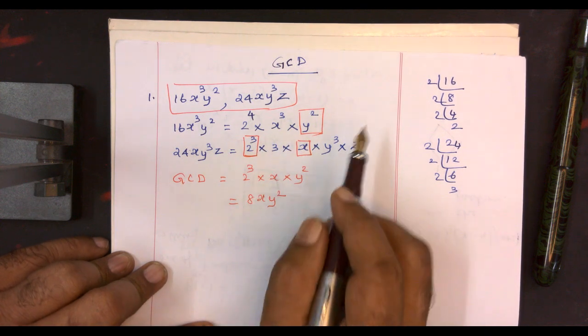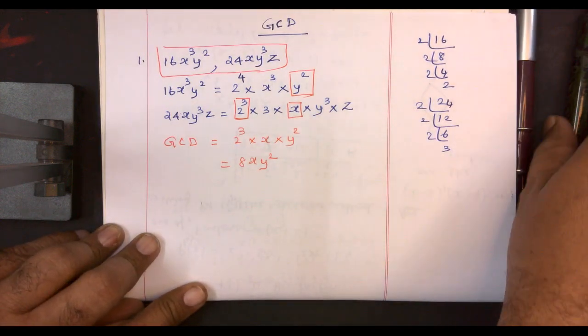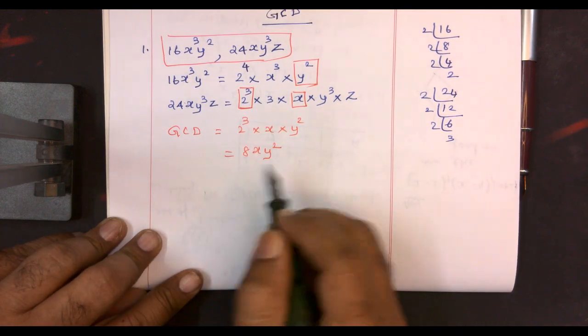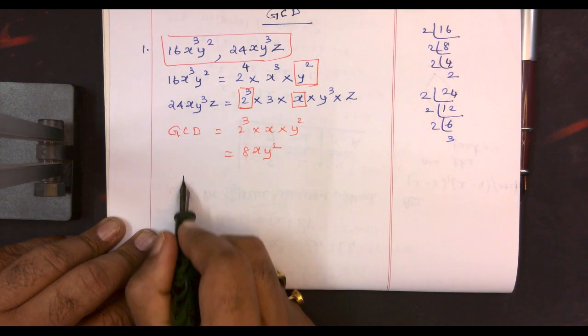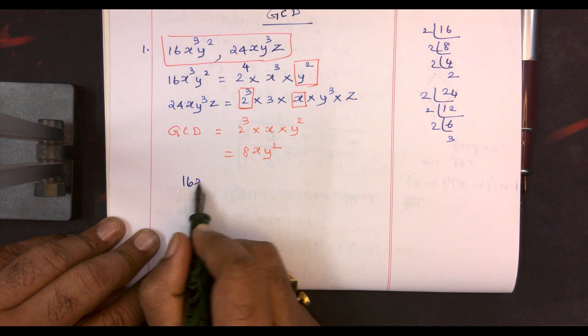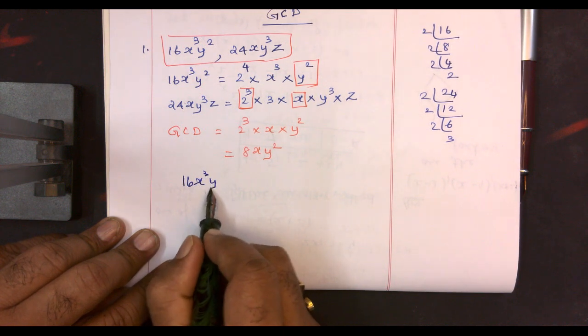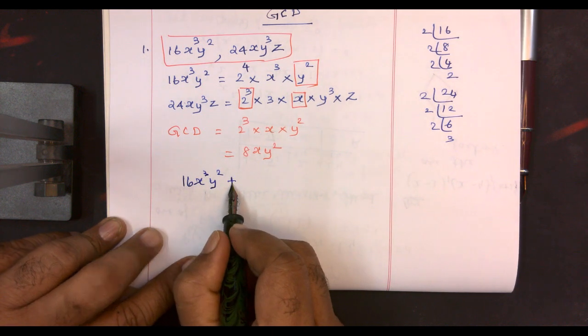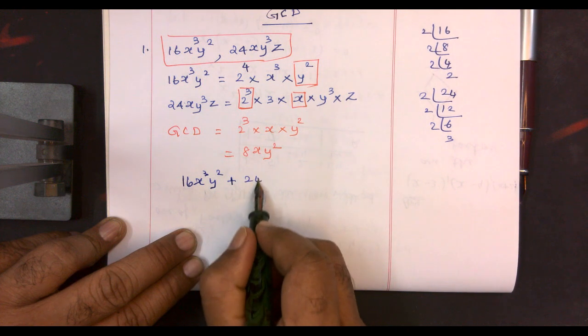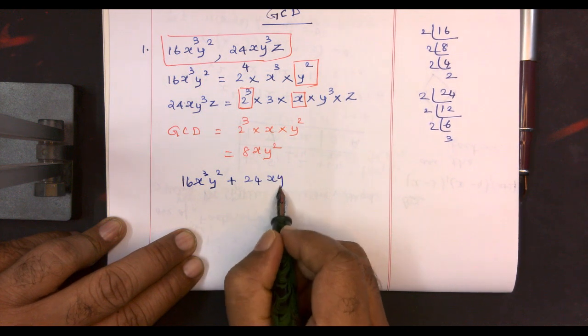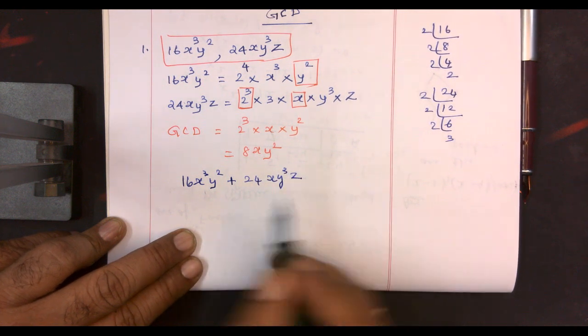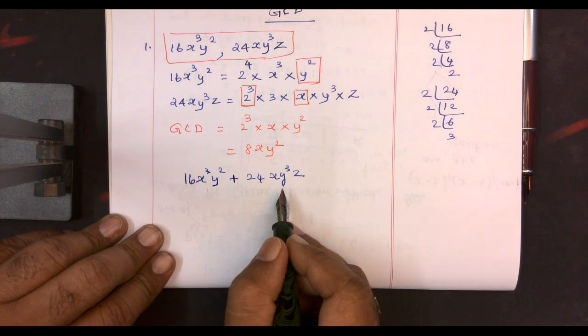Shall we try this? Now let us consider 16x cube y squared plus 24xy cube z.